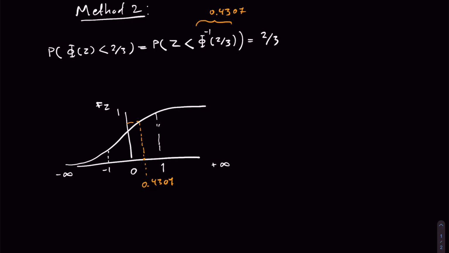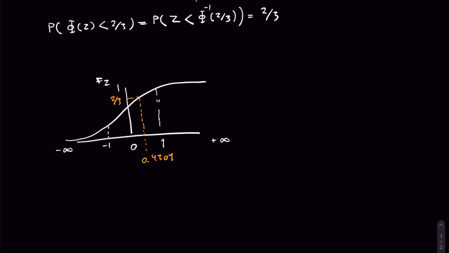That will give you the 2/3. So the 2/3 means that we are putting this number into the CDF of the normal, yielding the 2/3 number.